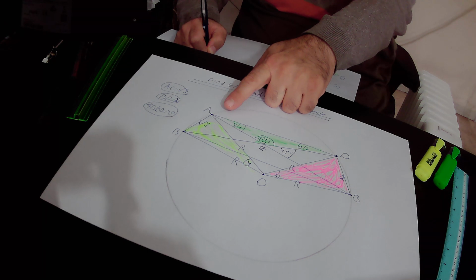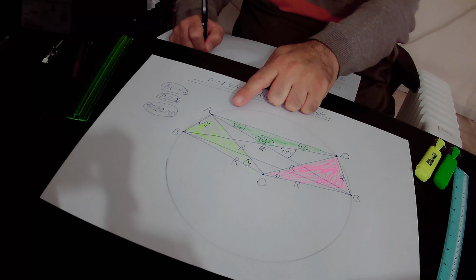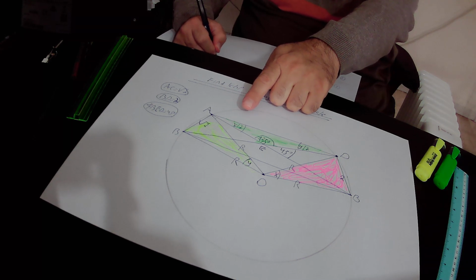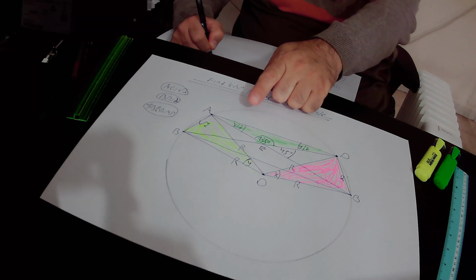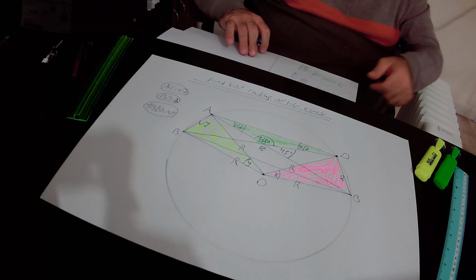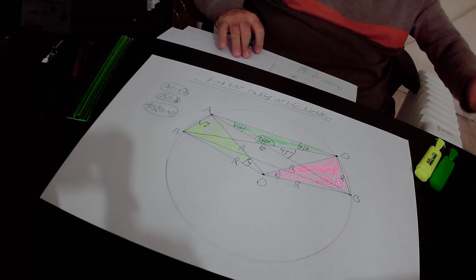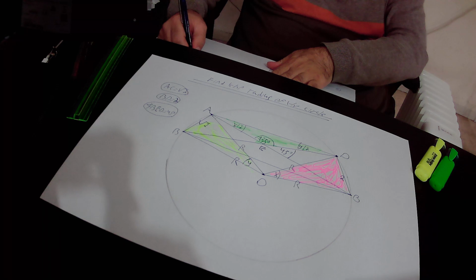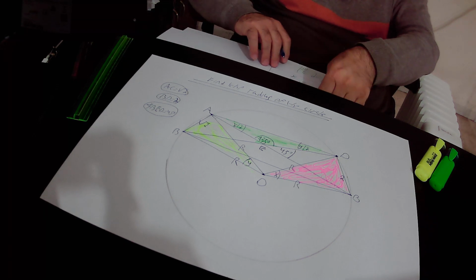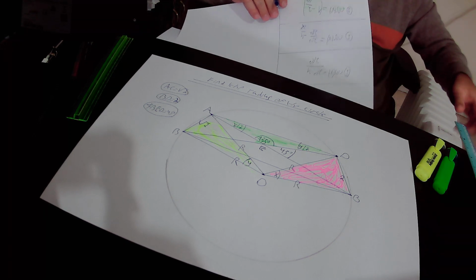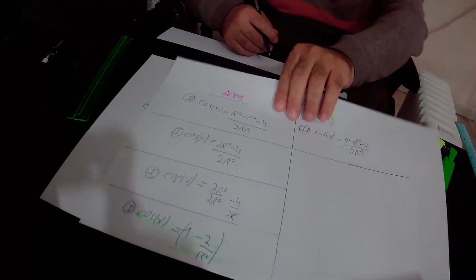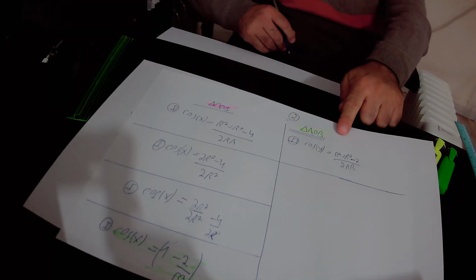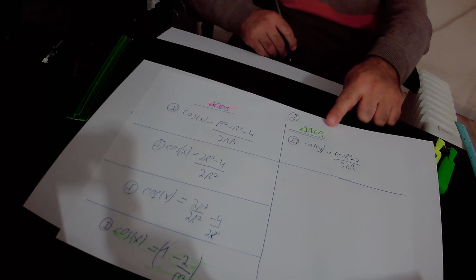Square root of 2 squared is 2, so it is minus 2 over 2 times r times r. So this equation number 2 is the implementation of the law of cosines on the yellow triangle, triangle AOB.